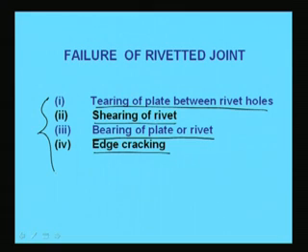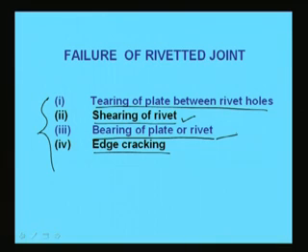In between two rivet holes it may happen that the plate is going to tear and then fail. So accordingly the strength of the joint, meaning the plate, has to be calculated, because the plate is going to fail, not the rivet. Another is shearing of rivet; because of shear the rivet may fail. So what is the allowable shearing stress of the rivet, and what will be the rivet value on the basis of shearing, that we have to find out, and accordingly the number of rivets can be calculated.